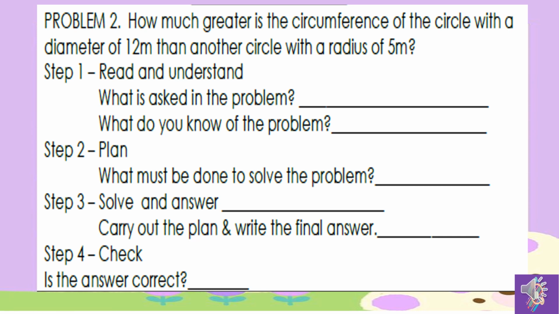For step 1, read and understand what is asked in the problem. What do you know of the problem? For step 2, you have to plan what must be done to solve the problem. Step 3, solve and answer, then carry out the plan and write the final answer. And for the last step, step 4, check if the answer is correct.